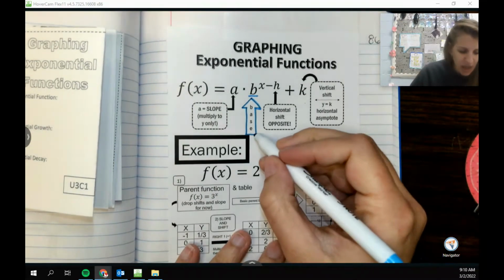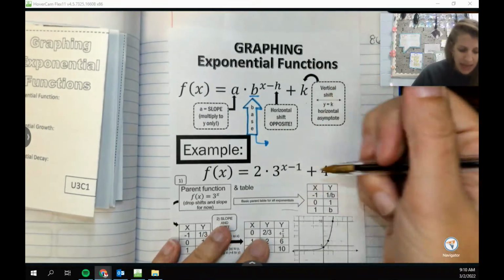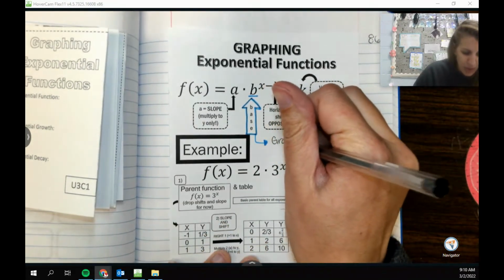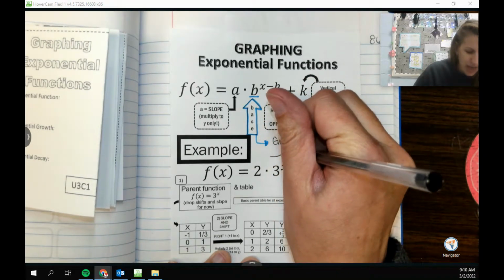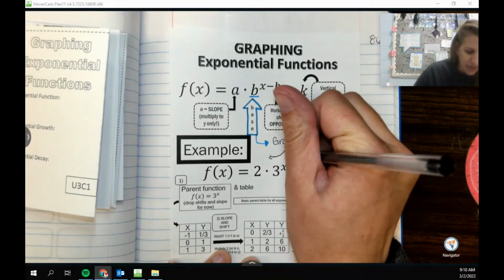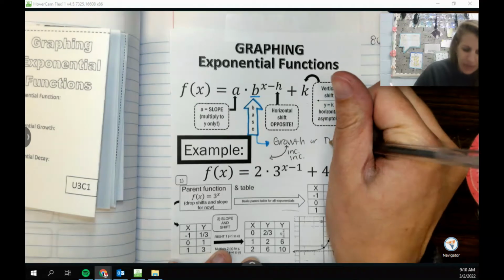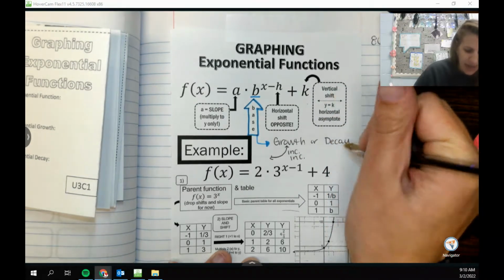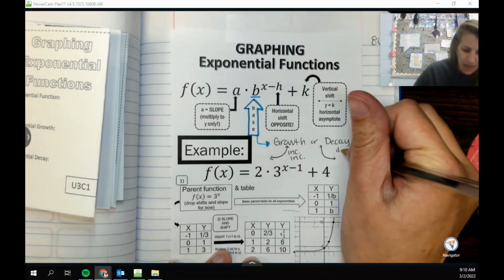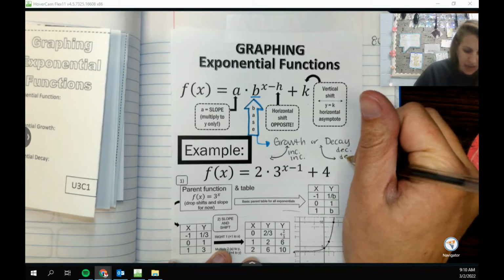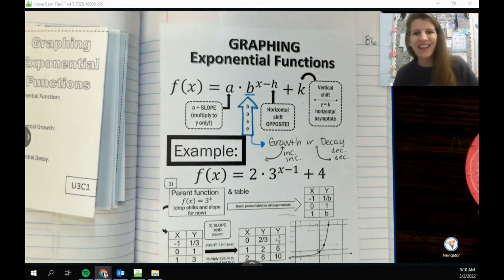So depending on our base, I might end up being a growth graph, or something that is increasing at an increasing rate. Or I could be a decay graph. And if I'm a decay graph, we look like this, and we are decreasing at a decreasing rate. Are we? Yes, we are.